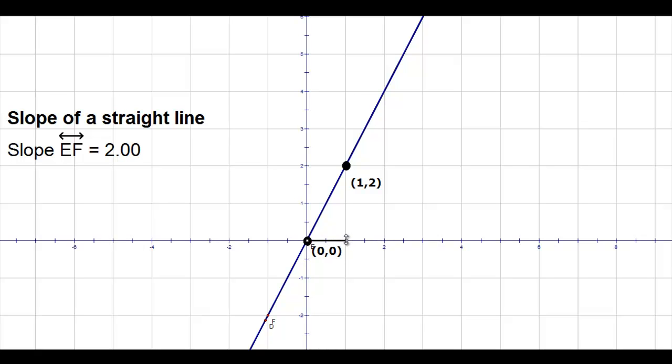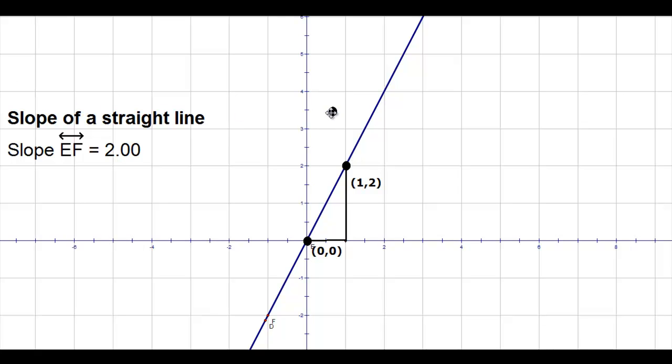What does y do? Y changes from 0 to 2. That is, for a run of 1 unit to the right, we have a rise of how many units? 2 units to be able to get back on the line.